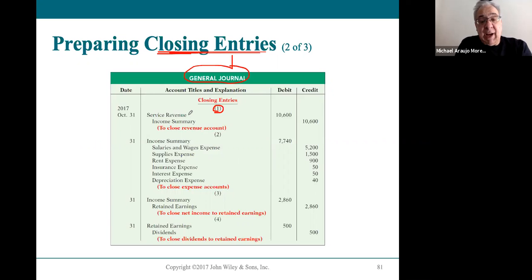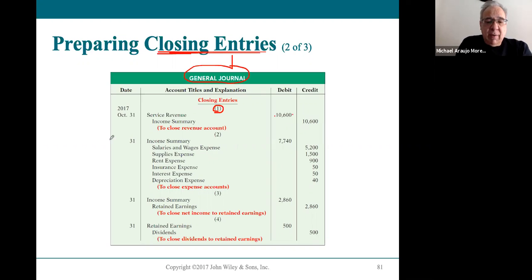So this is the account for Sierra Corporation. It had a $10,600 balance on the credit side. So we debited equally, right? The $10,600 debit equals the credit side. So now that account is zero. And we move it temporarily to the income summary account.